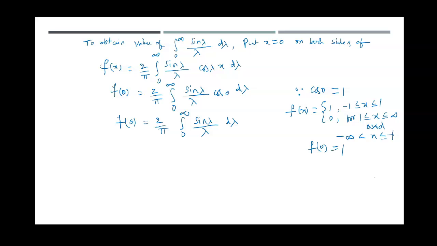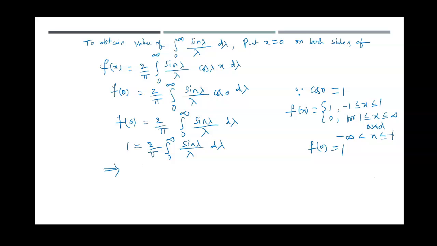So here 1 equals 2 by pi integral 0 to infinity sin lambda by lambda d lambda. This implies, if you transpose 2 by pi to the left hand side, you get pi by 2 into 1, that is pi by 2.